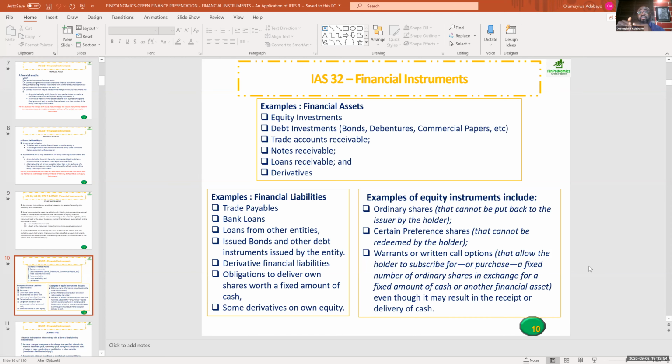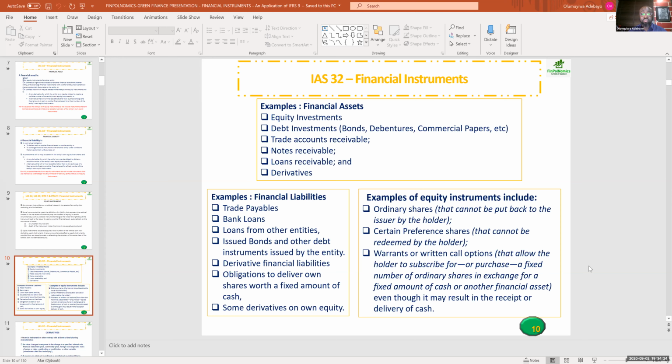I use the phrase certain preference shares, which means not necessarily all preference shares will qualify as equity instruments, but some may qualify while others may not. Equally, when you have a warrant or written call option on your own equity based on a fixed amount of cash or another financial asset, we will call that an equity instrument.